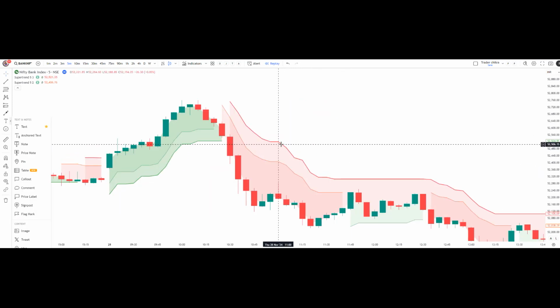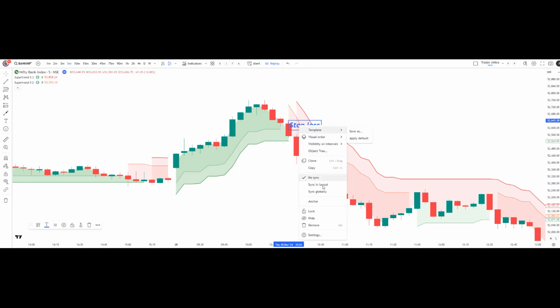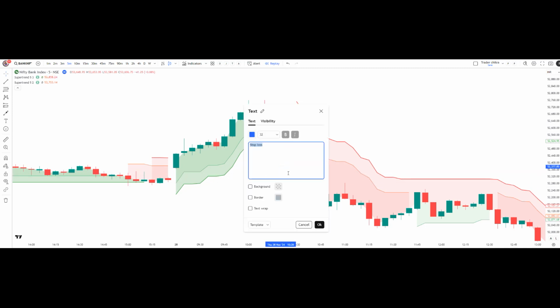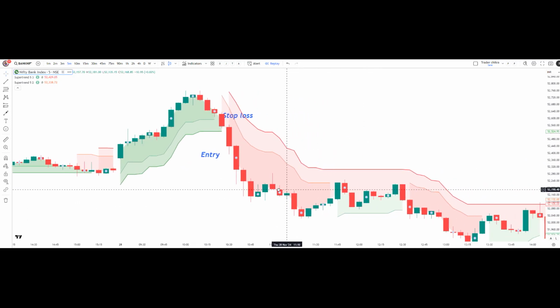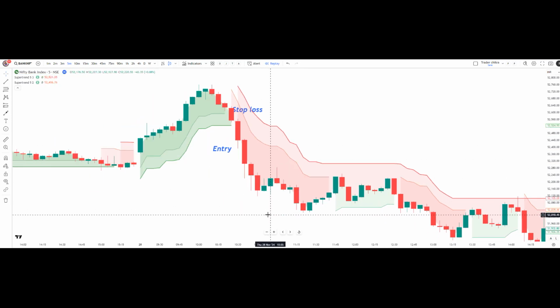Once this low is broken, in that case we can consider entering into the short trade, keeping this high as stop loss. After that we can see that there is a nice fall in the Bank Nifty.